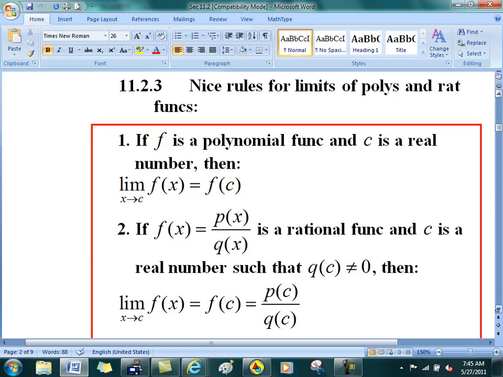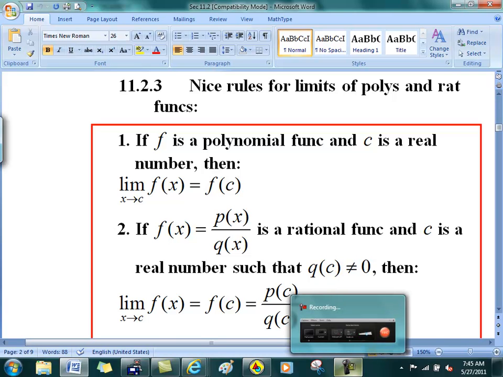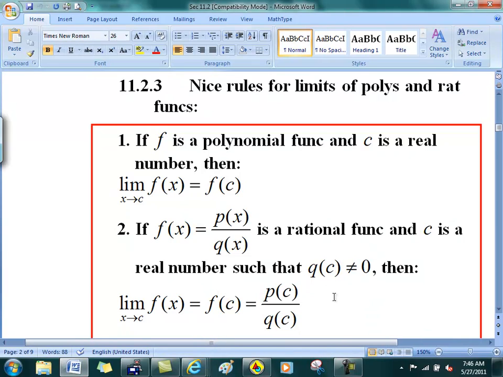Just plug it in. Look at the caveat there: the denominator cannot be 0. If it is 0, then we've got to think a little bit more. If it's not, then that's pretty easy.